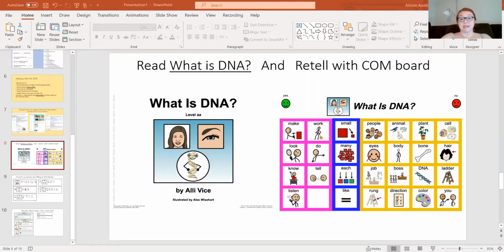And DNA looks like a tall ladder, and each of these rungs, which are like the steps you step on, gives a special direction to the cells, like what color eyes and hair to make. And everybody has different DNA, and your DNA makes you look like you. Pretty cool.